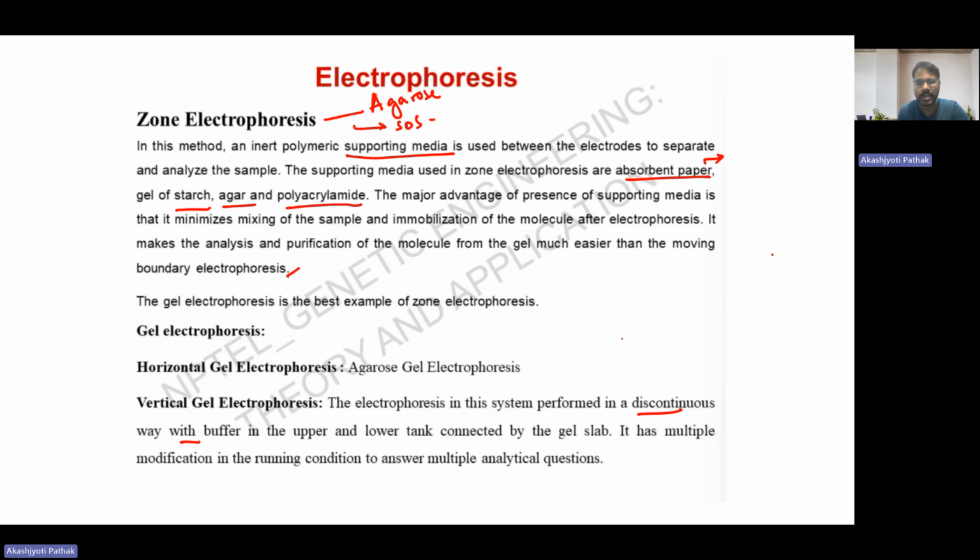Why is it called discontinuous? Because you have two different supporting media: one is your stacking gel, and then you have the separating gel. That is why it is called a discontinuous gel electrophoretic system. Okay.